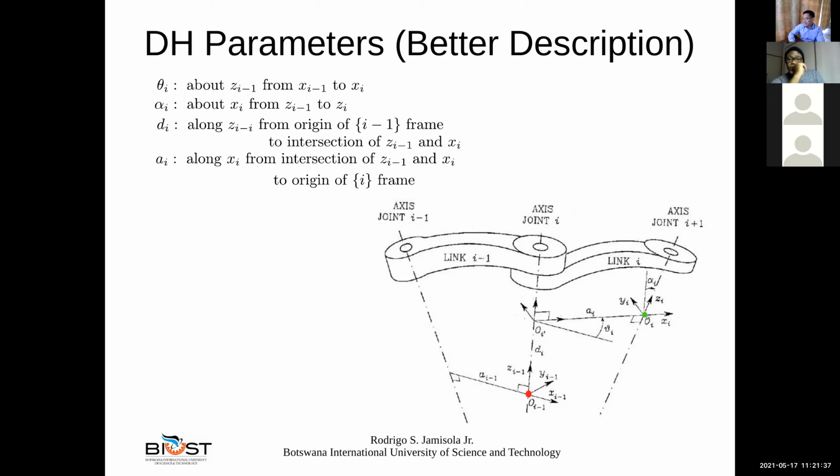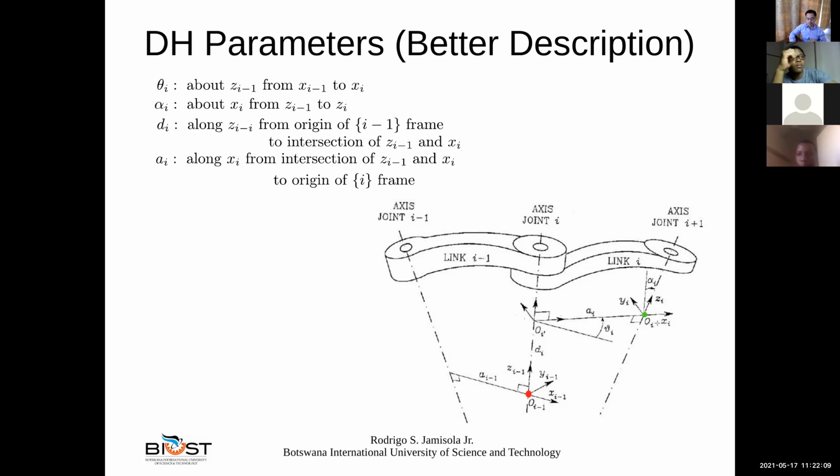Once we do all the 4 transformations, the direction and position of frame i minus 1 becomes coincident with frame i. So from this position and orientation of frame i minus 1, we do all those 4 transformations so that frame i minus 1 becomes coincident with frame i.